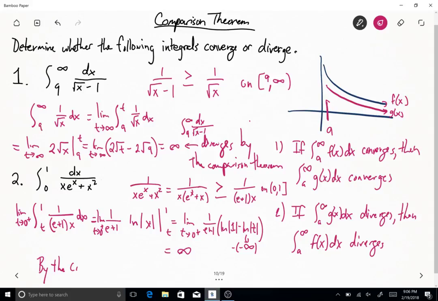So by the comparison theorem in this case, for an integral that didn't look quite like what we solved, the integral from 0 to 1 of dx over x e to the x plus x squared, by that comparison theorem, this thing also diverges.